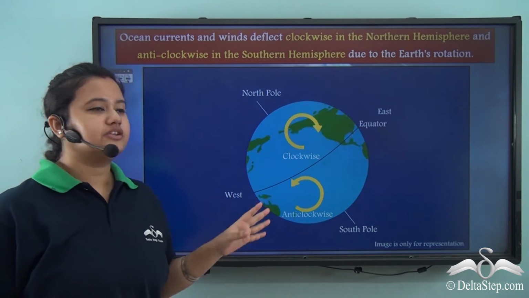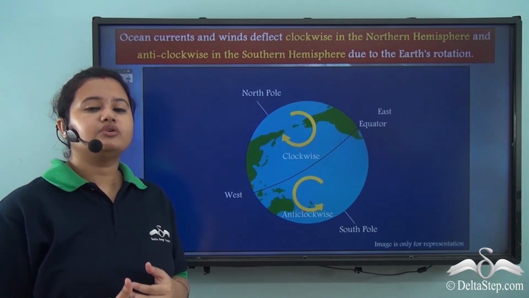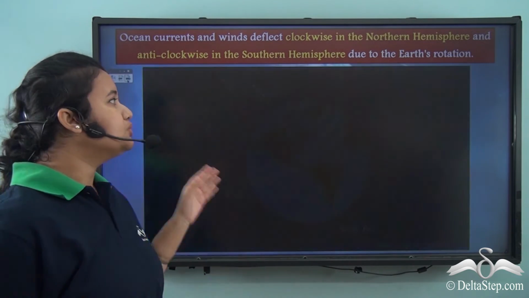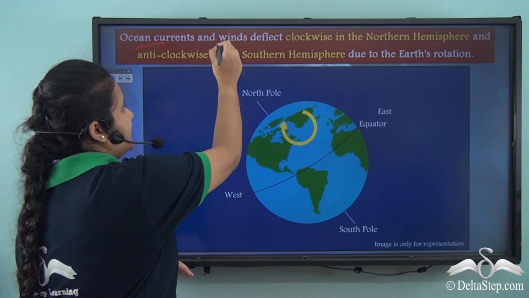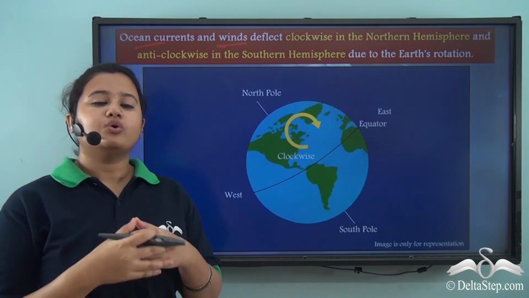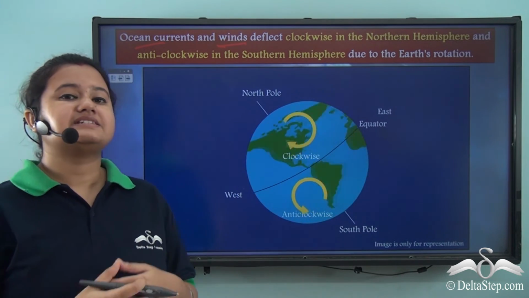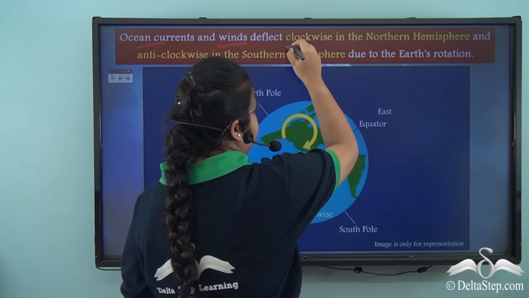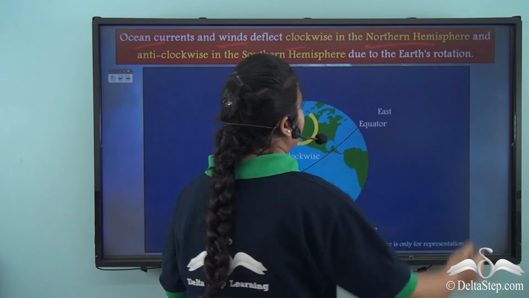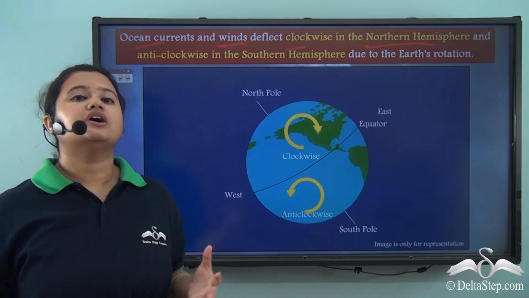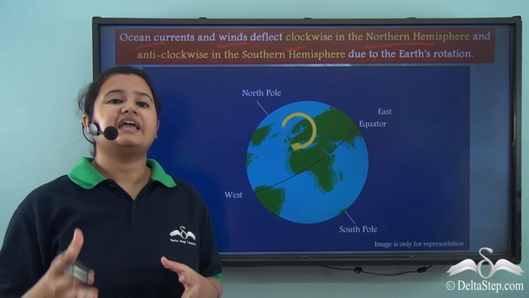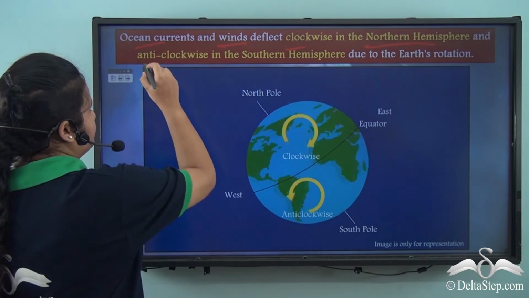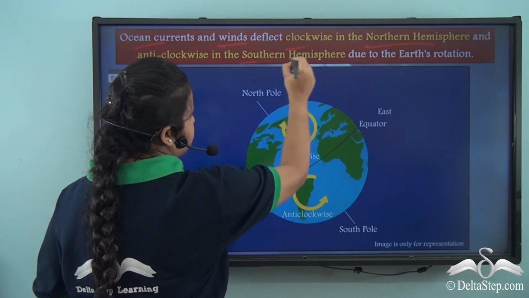Similarly, when our earth rotates, it creates Coriolis force, because of which any moving mass like ocean currents or winds gets deflected. The ocean currents and winds get deflected to the right, or in clockwise direction, in the northern hemisphere. Similarly, the ocean currents and winds get deflected to the left, or they move in anti-clockwise direction, in the southern hemisphere.